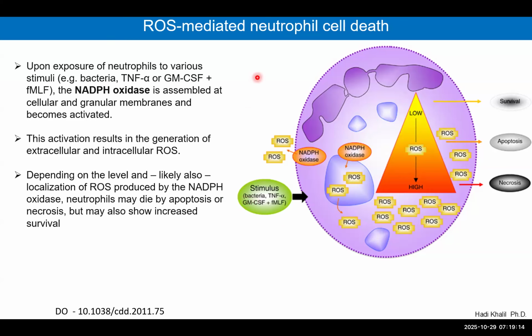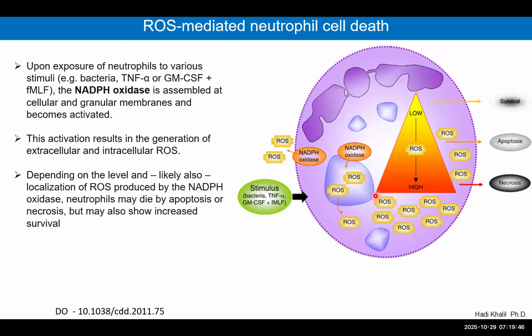a cell that died here and it sends out the DAMPs, or there is a cell that is affected by a toxin or infected by a bacteria or a virus or a drug that causes reactive oxygen species induction. Then this neutrophil will quickly induce the NADPH oxidase, which is on the membrane of those neutrophils.